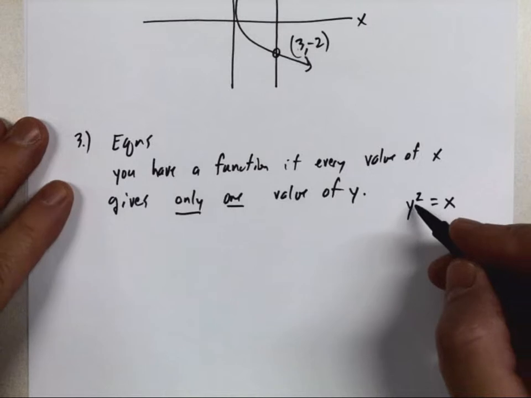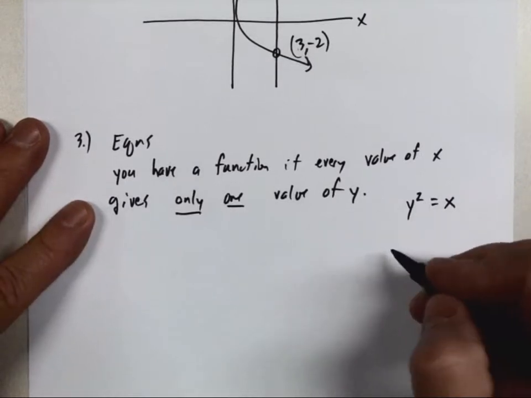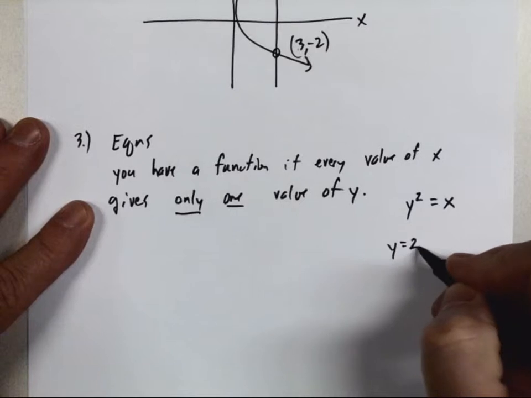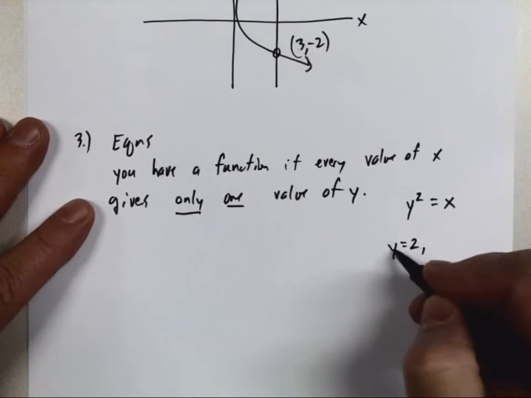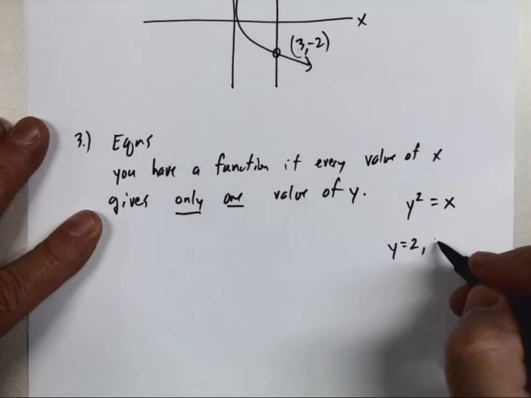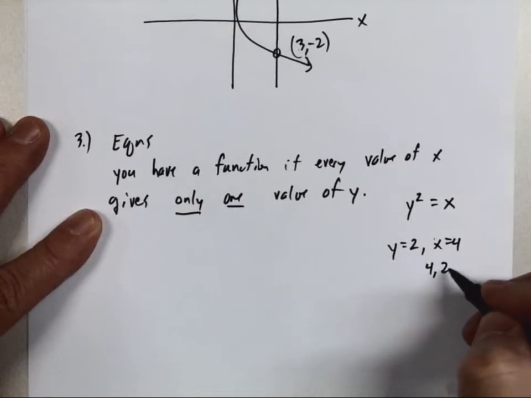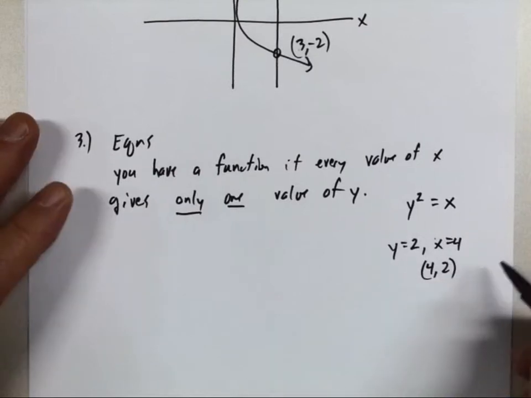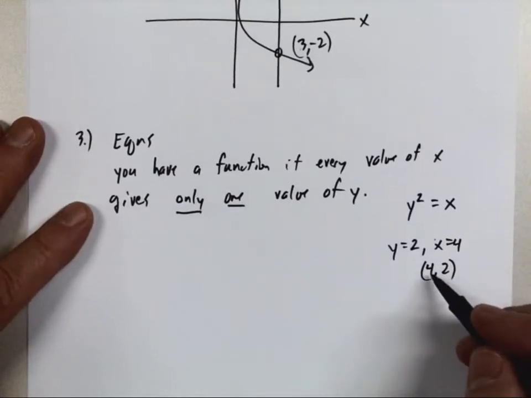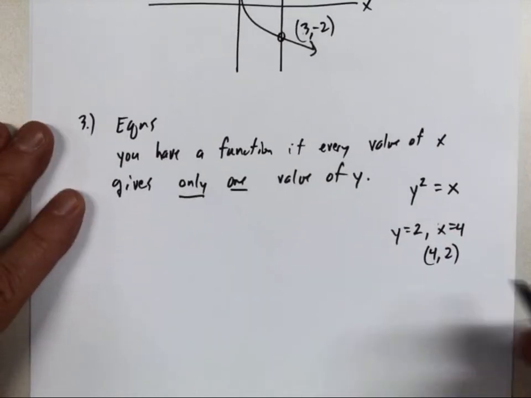If I say, hey, when y is 2, what is x? I could write it like an ordered pair, right? 4, 2. Plug in a 4 for x, 2 for y.